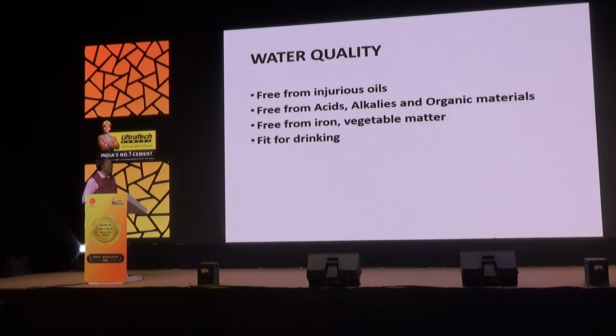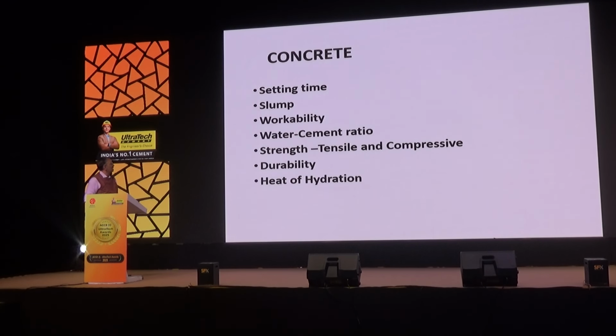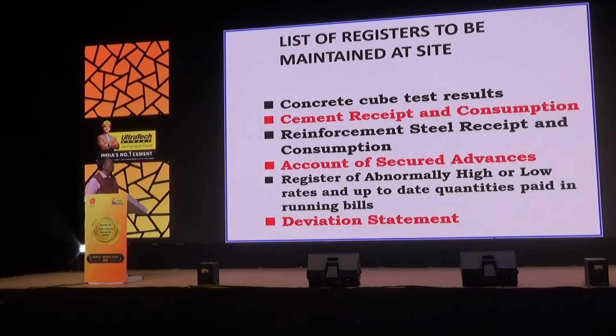Water should be free from injurious oils, acids, alkalis and organic materials. One answer to all this is fit for drinking. And storage of cement and concrete: setting time, slump, workability, water cement ratio and measurement, cement measured by weight, all by weight actually. We have to use concrete cubes.